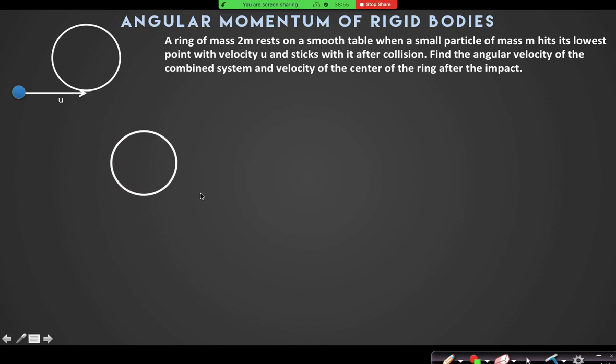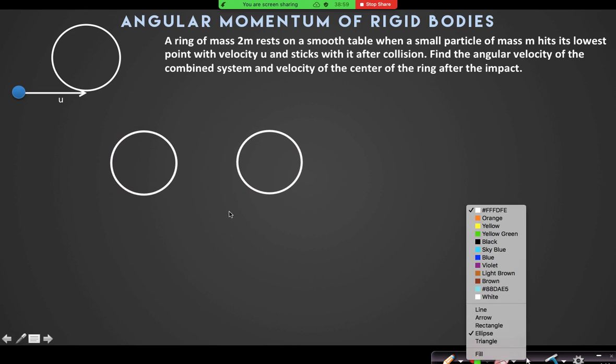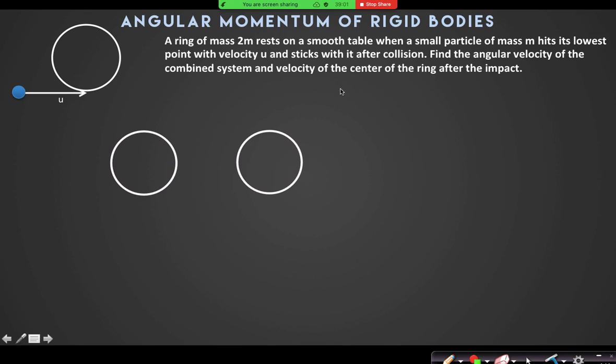Yes, what you have got? Sir, velocity of center of ring is u by 3, and angular velocity is 2u by 9. I used the radius, but it's not given. Yes, radius is needed. Okay, let us check.